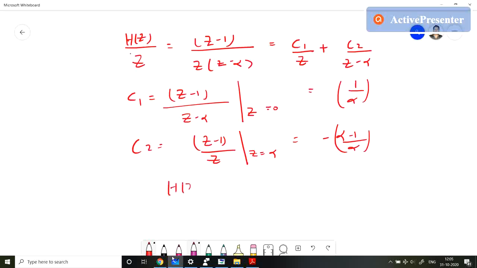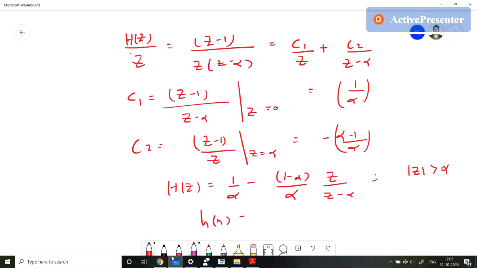Now H(z) is equal to 1 divided by alpha minus (1 minus alpha) divided by alpha times z divided by (z minus alpha), and the ROC is modulus of z greater than alpha.